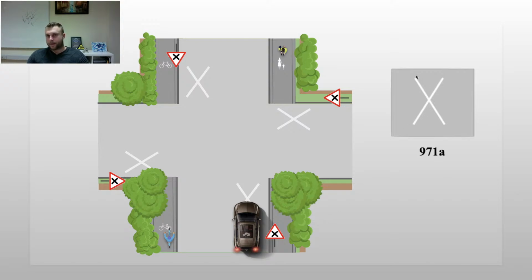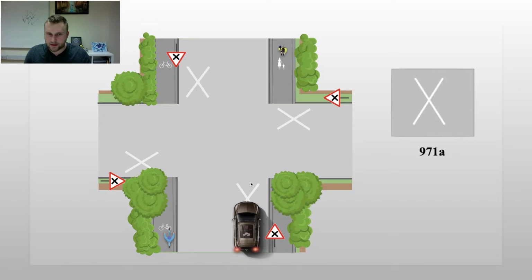This cross is also a very popular thing, and really helps you to understand what you should do on the crossroad if you don't have any other priority signs. Imagine you don't have any give-way signs or main road signs or stop signs, but you have this cross on the ground. So what should you do? If you remember, this sign means that you have a same-category crossroad ahead. If you have a same-category crossroad ahead, it means the right-hand rule applies.